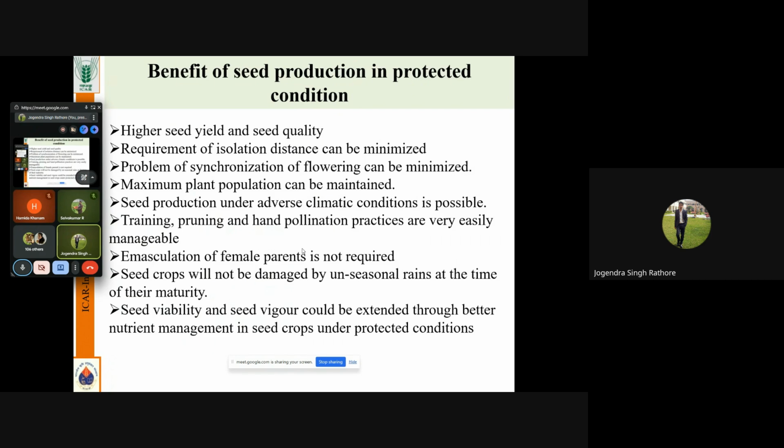Maximum plant population can be maintained, and seed production can be saved from adverse climatic conditions. Training, pruning, and pollination give better quality seed production. Emasculation is not needed, damage from unseasonal rain can be managed, and there is better seed viability and seed vigor.